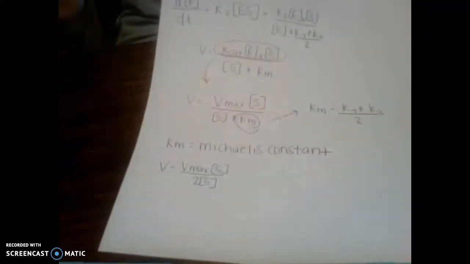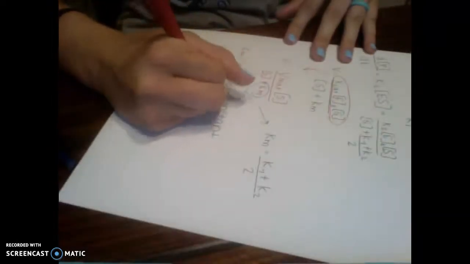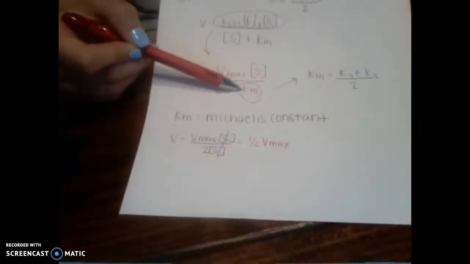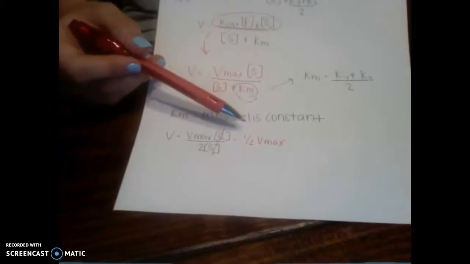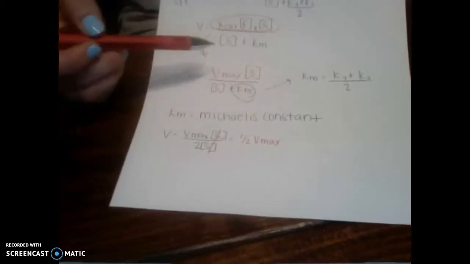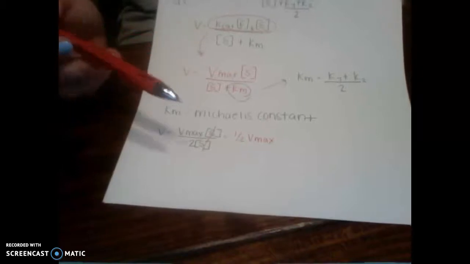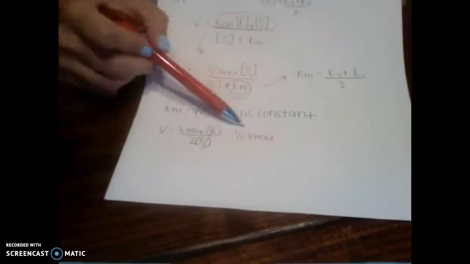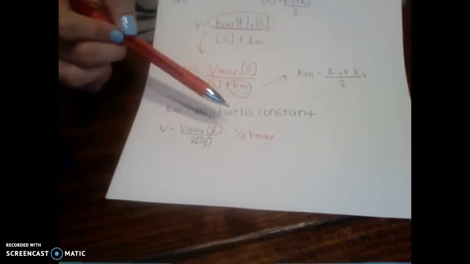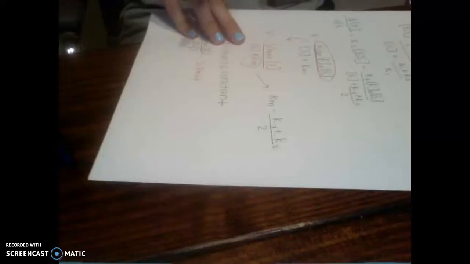All right, then our S's can cancel out, and this is equal to 1/2 Vmax. So our Km is equal to the concentration of substrate at which the reaction rate is half of the maximum velocity. So now we've defined all of our variables.